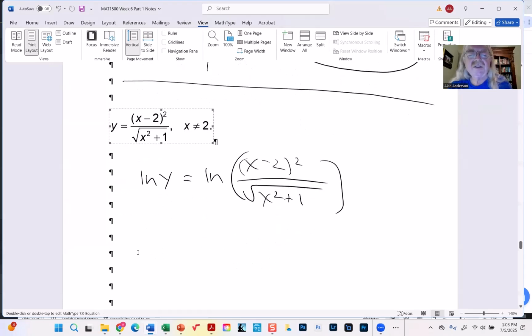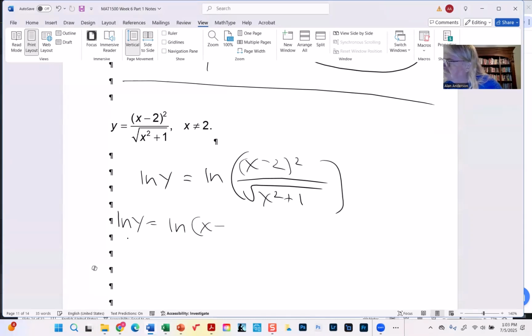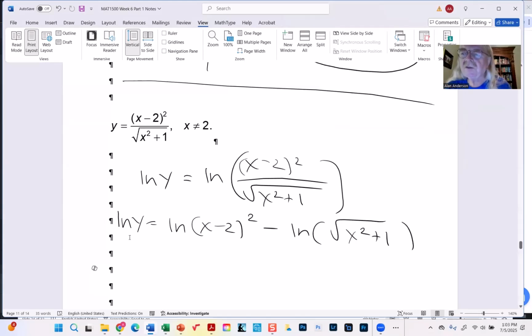So what did that accomplish? All right, well, let's use the properties I just reminded you about. So in other words, since we had a ratio, a log of two functions, we can now turn that into a difference of the logs.